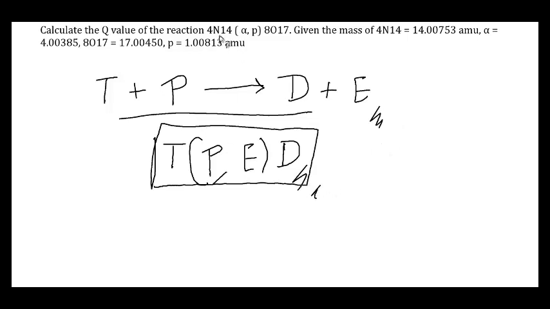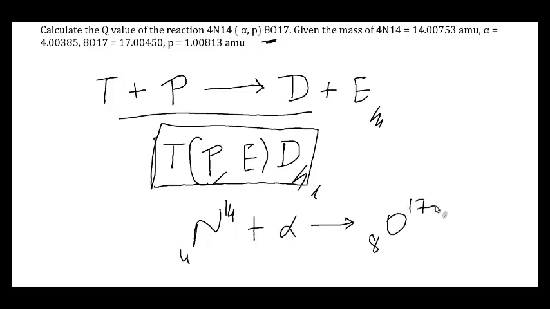For example, take the example given here. The target nucleus is nitrogen. It is being bombarded with an alpha particle, or helium nucleus, and this gives rise to oxygen plus a proton.